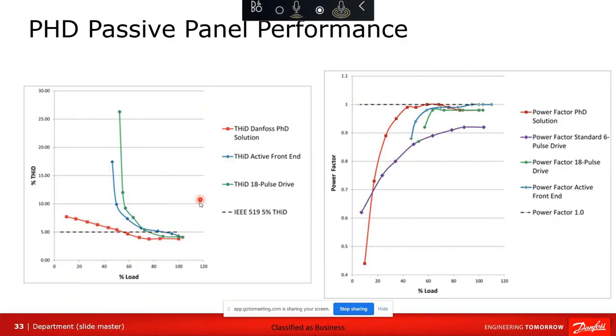My blue dashed line is what we call an active front end, aka regen, which I'll get into in a few minutes. And then the green line is your 18 pulse. So it's based on load speed. And then here's power factor on the right-hand side. So the PHD, the passive system, will maintain power factor a little bit better as speed reduces compared to the other guys.